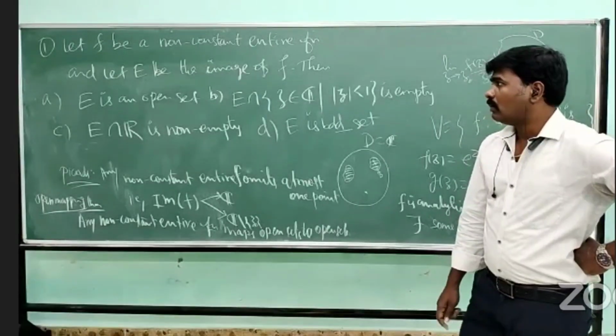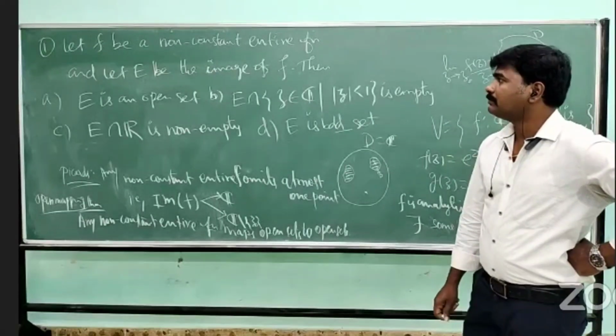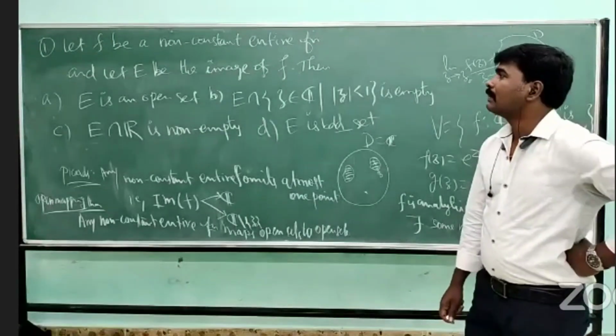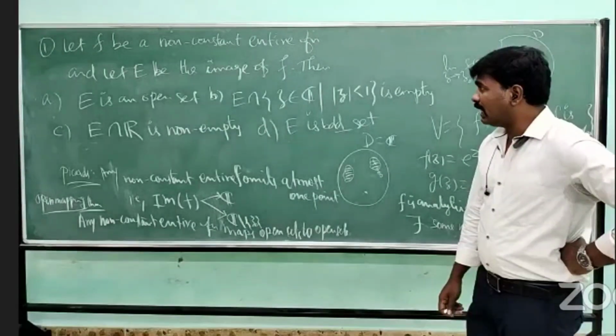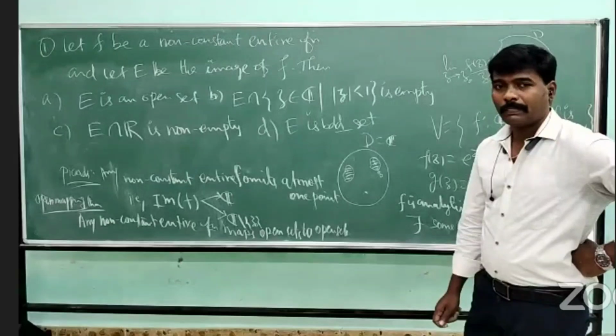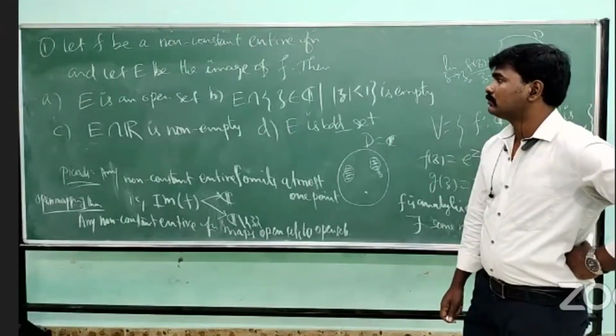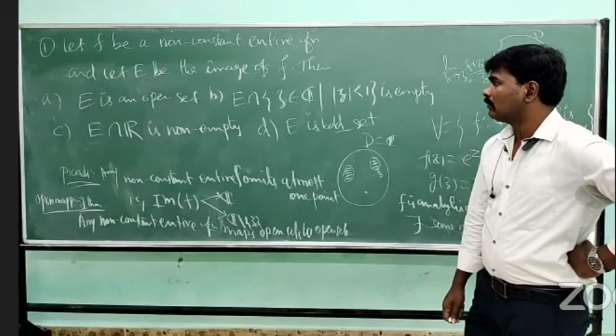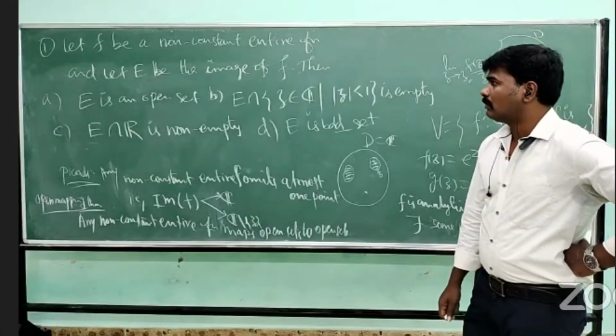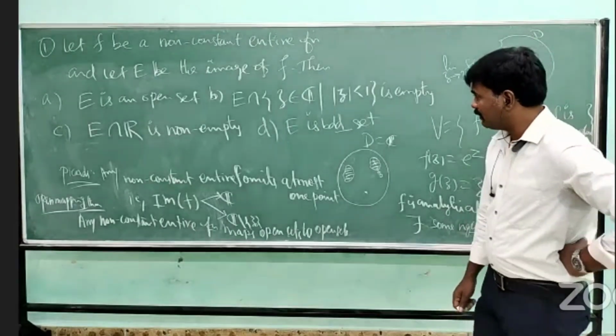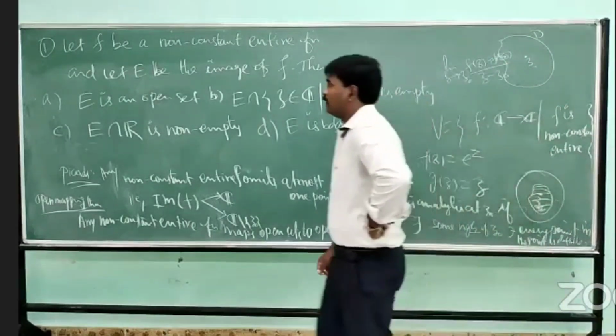So this is the response. Okay, very good. By the open mapping theorem, yes, madam, A is correct. The other person gave options A and C as answers. Okay, very good.